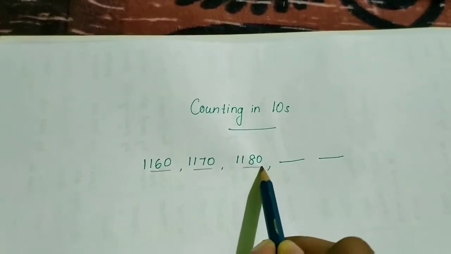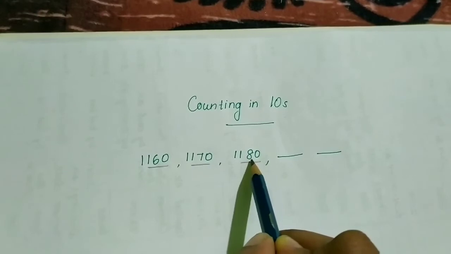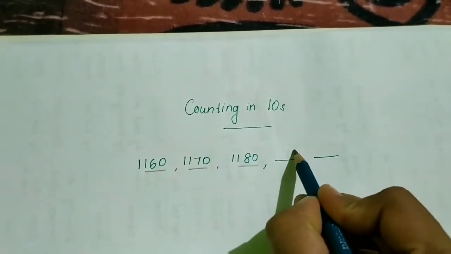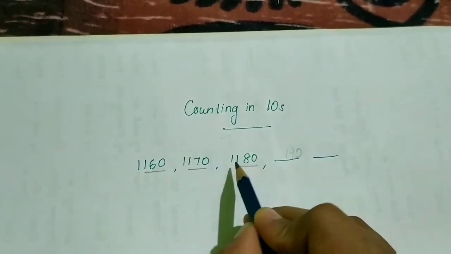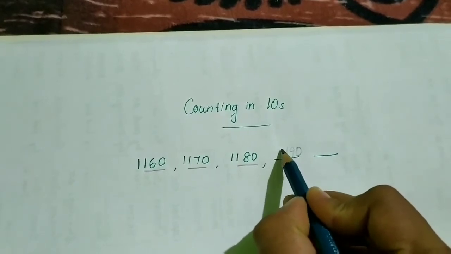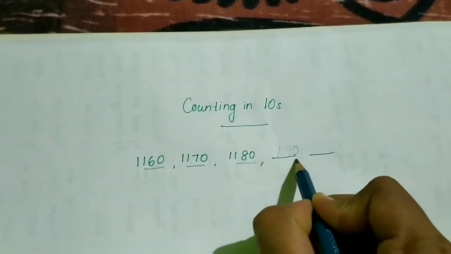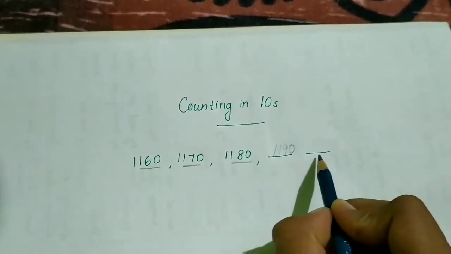Then what will be the next number? Add 10 with this number. So we will get 190, and the digit in thousands place will remain the same. So we will get 1190.